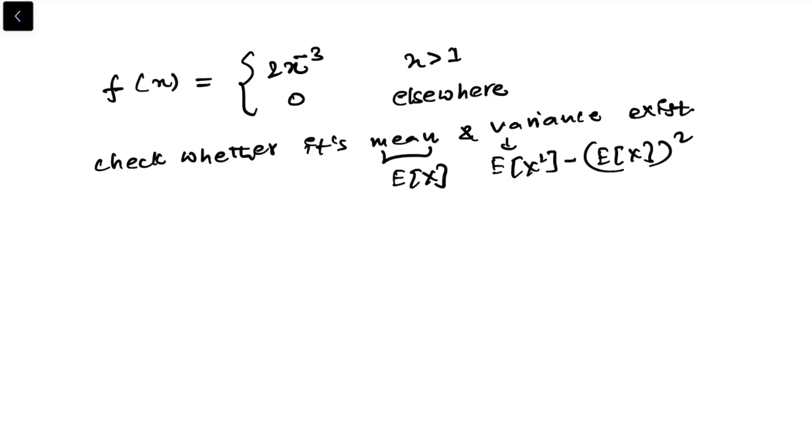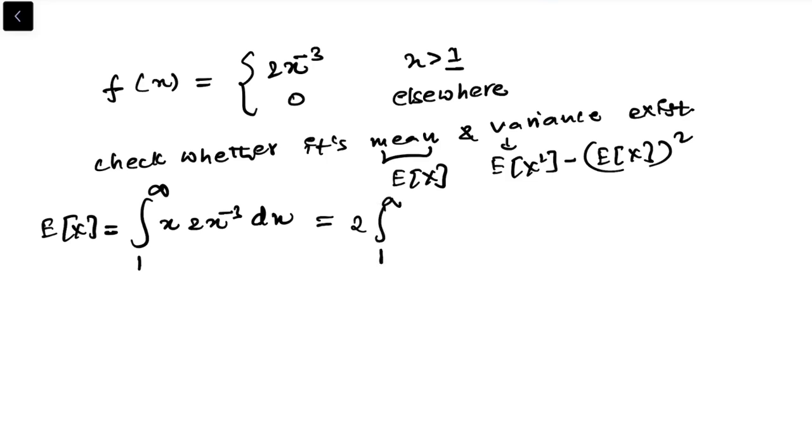Okay, so expectation of x is the integration of x times PDF, right? So this is 2x to the power minus 3, and the limit is from 1 to infinity. This is dx. We can bring 2 outside, and the integration of x to the power minus 2 dx.